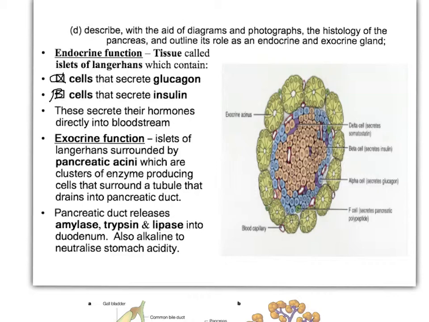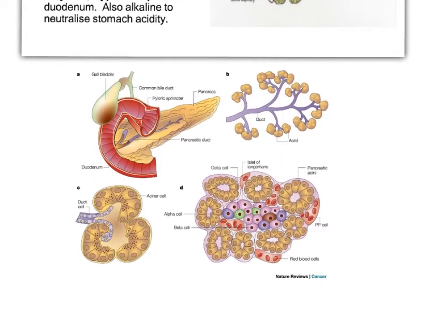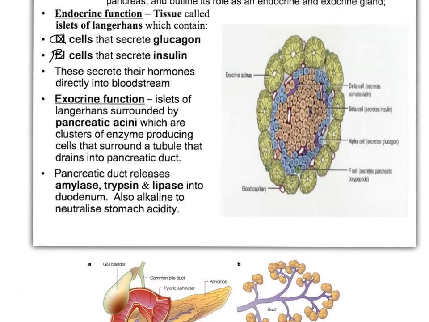You should also be able to understand diagrams such as this diagram here, with its islet of Langerhans here, and these pancreatic acinar cells around the outside.